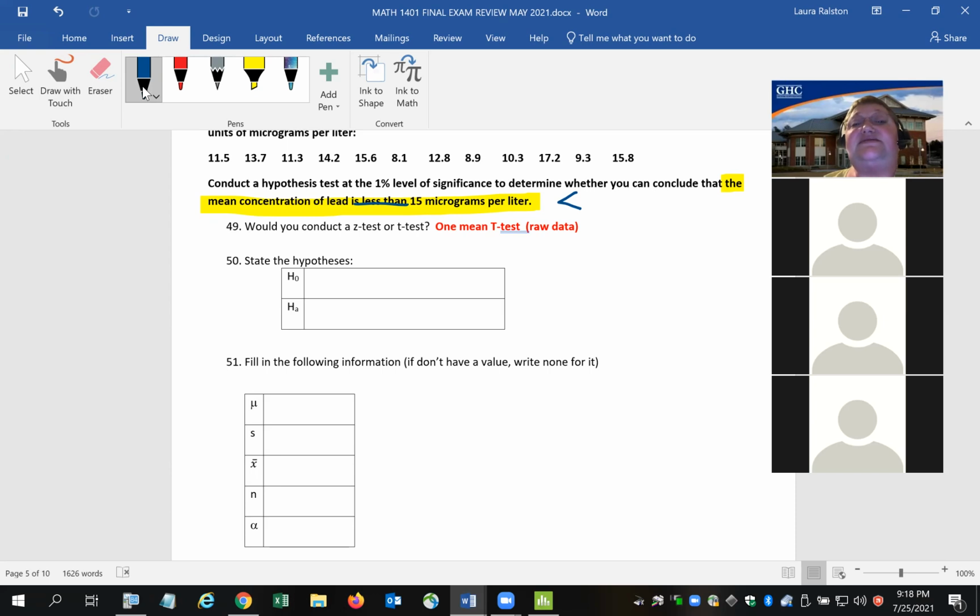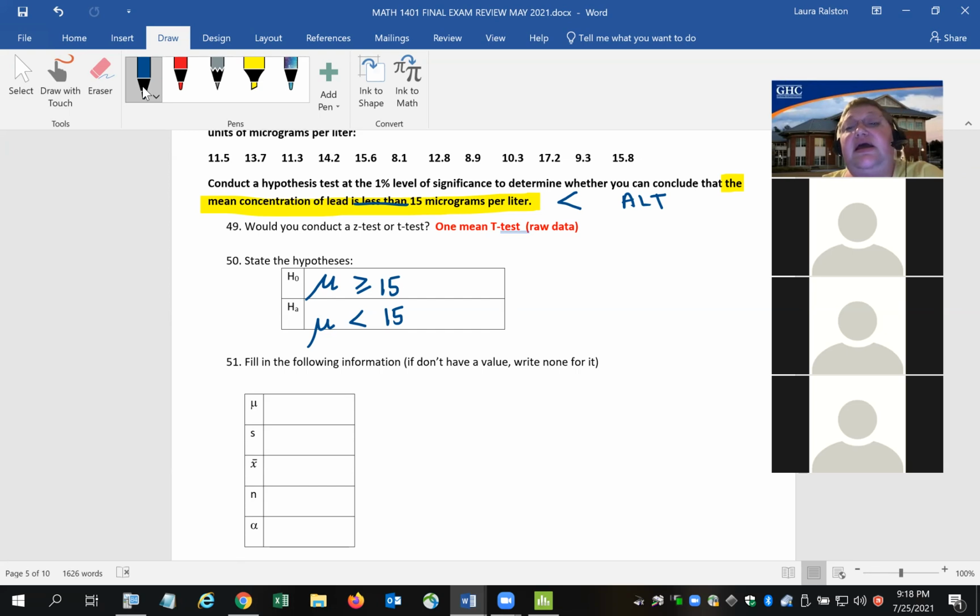Again, because it's less than, this is the alternative. So we're going to say the mean is less than 15 micrograms per liter. Since the alternative is less than, the null will be greater than or equal to 15.